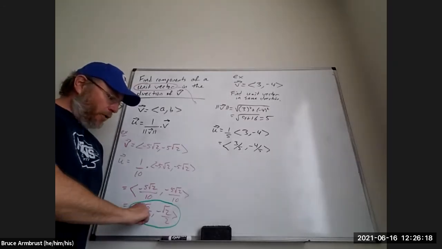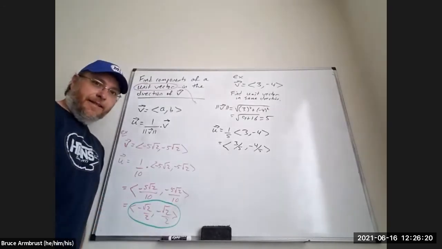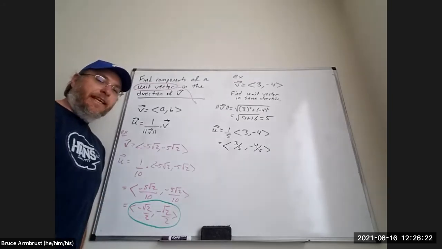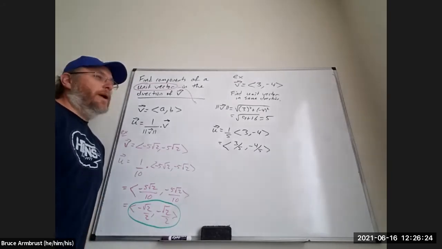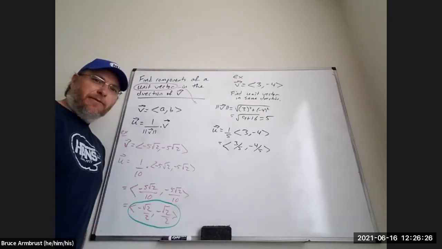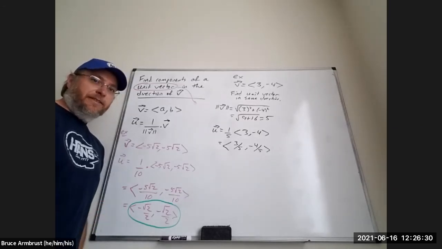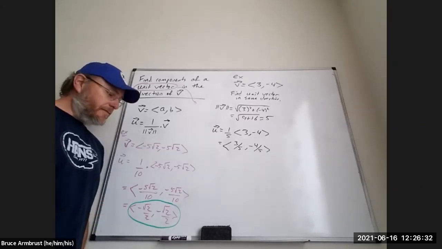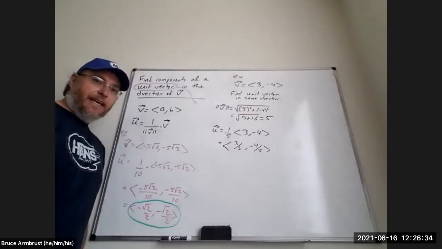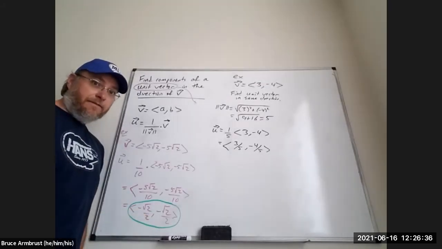Think about this as an ordered pair. That point is on the unit circle, where in this case, I think it was 5 pi over 4 was the angle. That was the point on the unit circle where we intersect. So these were the cosine and the sine of that angle.